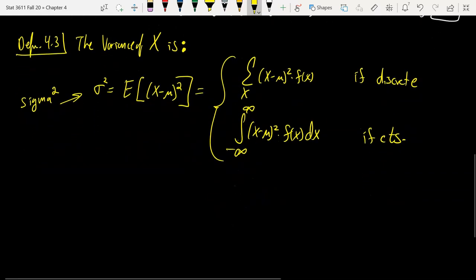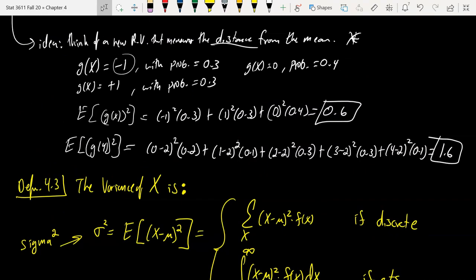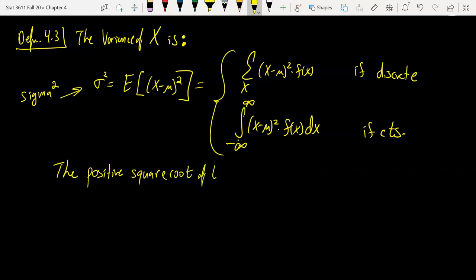So that is the squared distance, sigma squared. To get back to the appropriate scale, because these are squared distances and you might think that's exaggerating the spread, we can undo it at the end and take the positive square root of the variance. That gives us what's called the standard deviation, which we denote sigma.